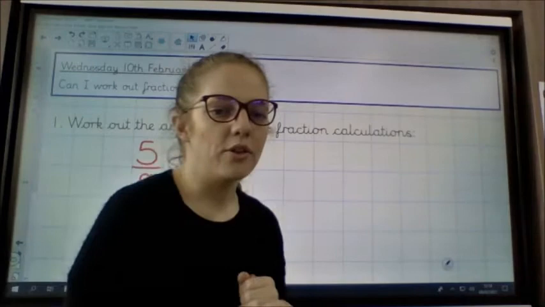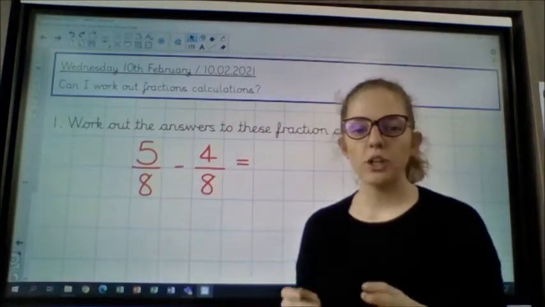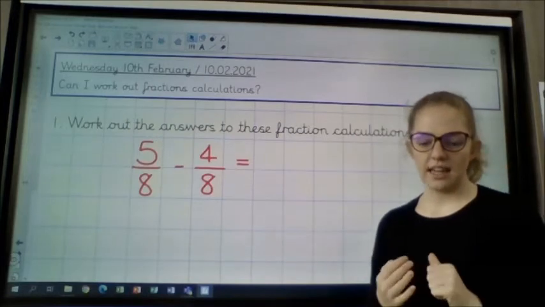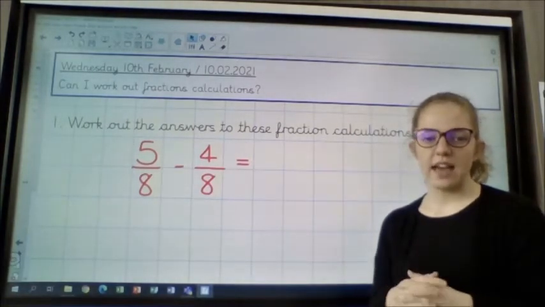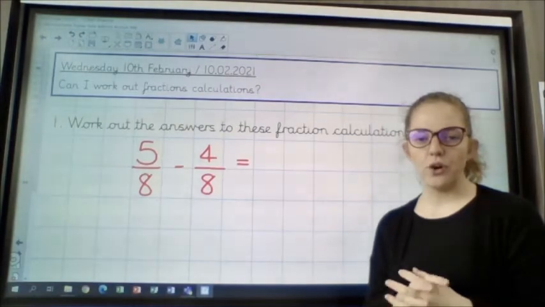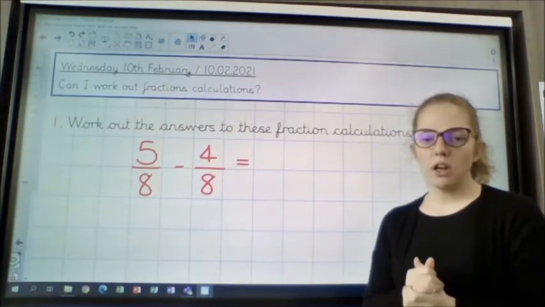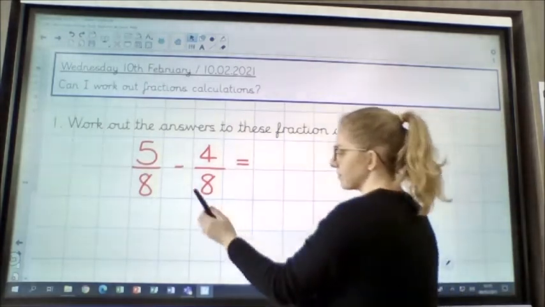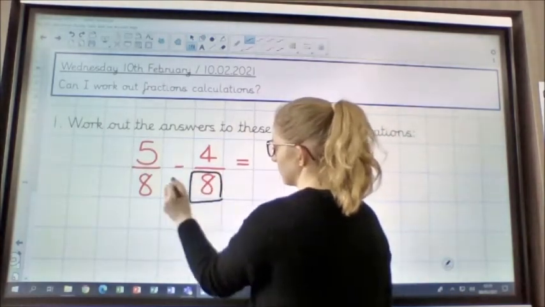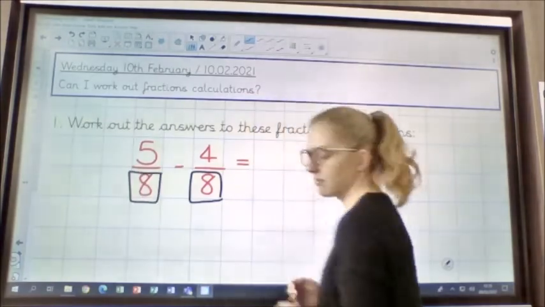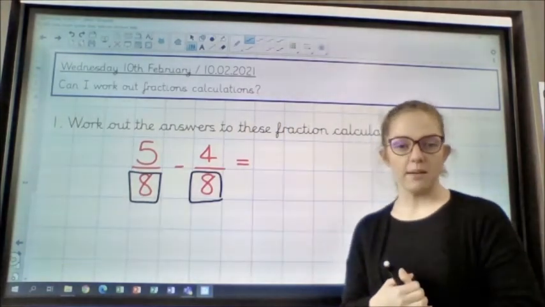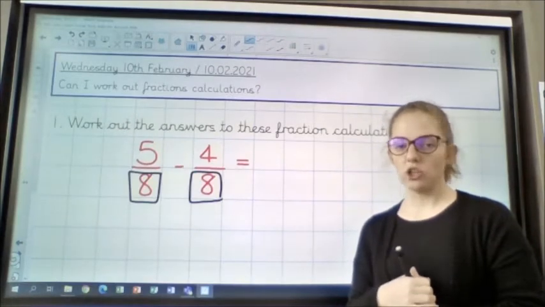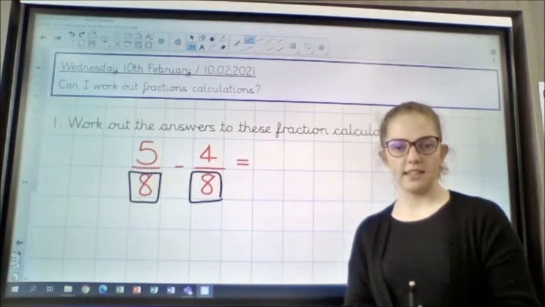Okay, so your first question is asking you to work out the answer to these fraction calculations. The first one is 5/8 take away 4/8. Now, what do you notice about the denominator? They are the same. So that means that your denominator in your answer will also be the same.